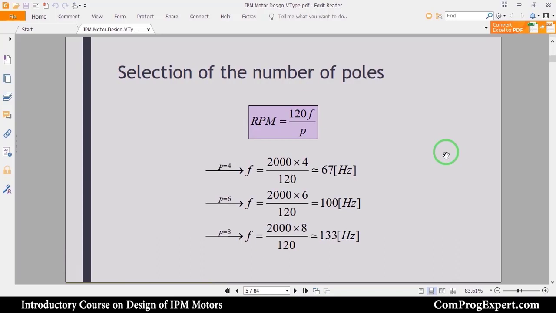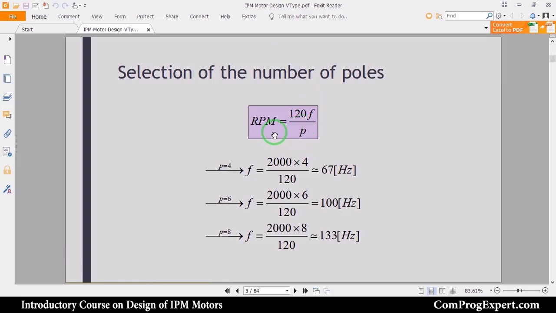The next topic is selection of the number of poles. Here we have this relationship between motor speed, the frequency of supply, and the number of poles.